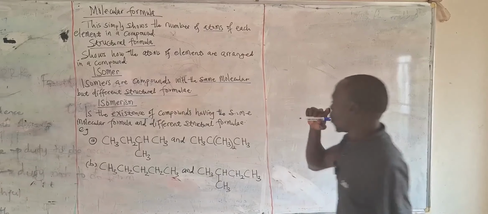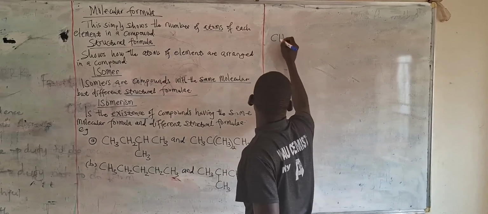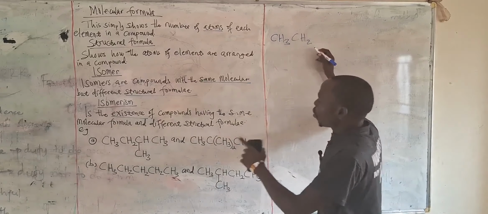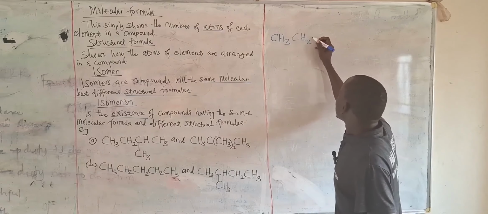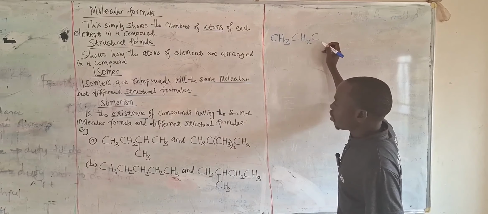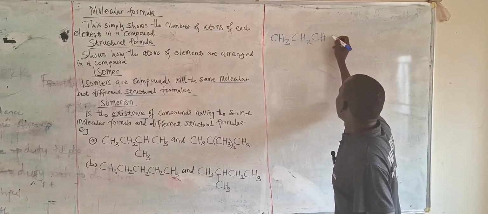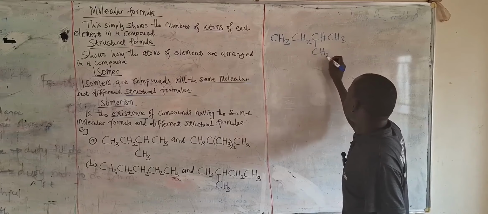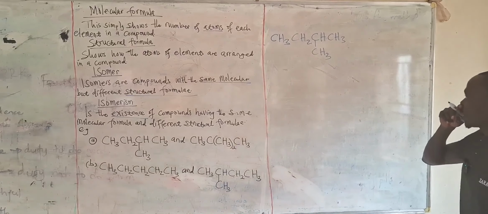So here we have CH3, of course CH2, CH, sorry, then here we have a branch. We're going to talk about these branches.